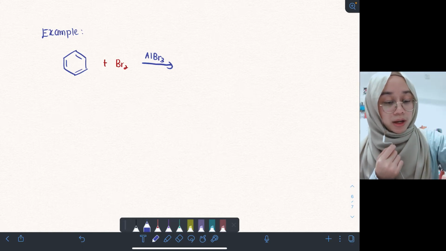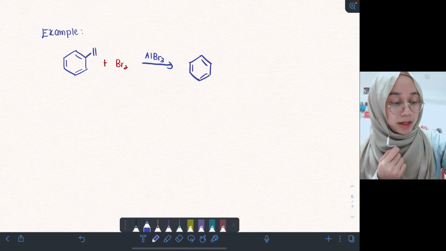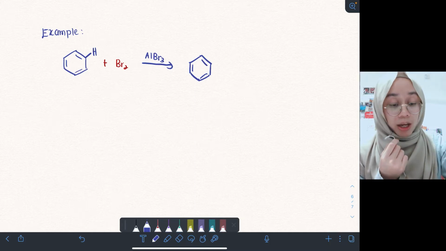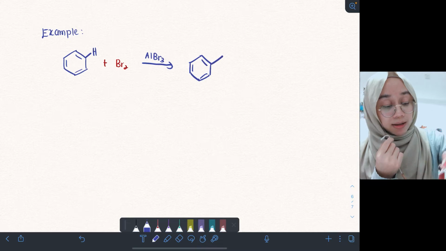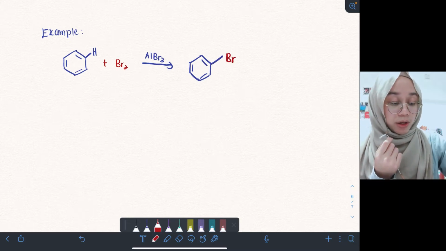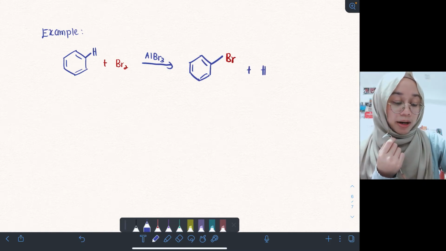So now apa yang kamu akan dapat adalah, okay, so one of the H, so let's say H yang dekat sebelah ni, yang Miss baru lukis tu, H yang tu yang kita substitute. Okay, therefore H yang tu akan keluar nanti, and then yang masuk adalah Br. Okay, satu Br akan masuk. So H yang keluar tu nanti dia pula akan attach dengan Br yang lagi satu tu.